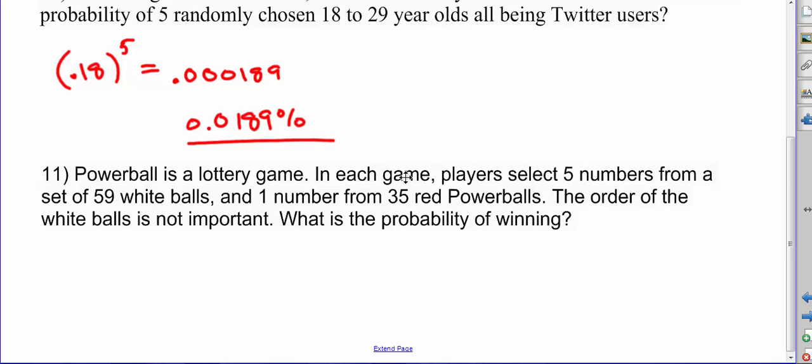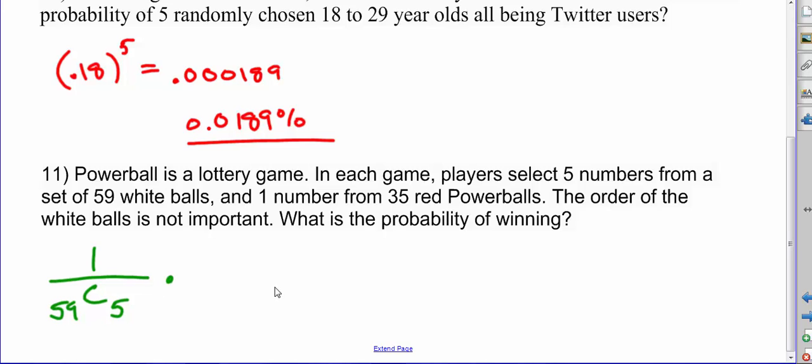Now, what is the probability of winning the lottery? In each game, players select 5 numbers from a set of 59 white balls. So we're going to look at these two events as separate. The first one, our complete set, would look like 1 over 59C5, because we're choosing 5 of the 59.